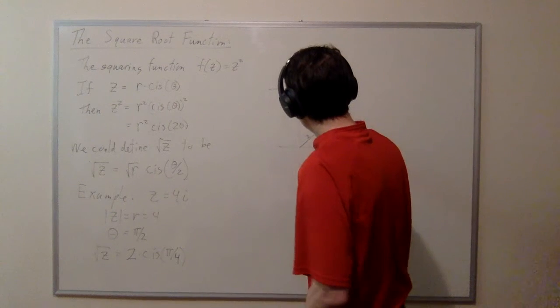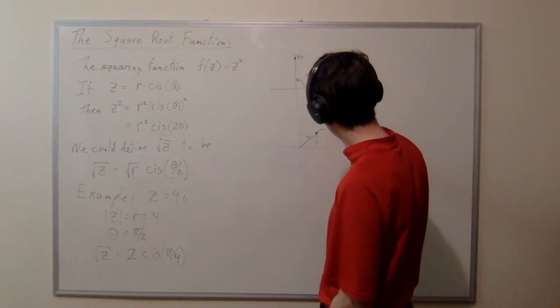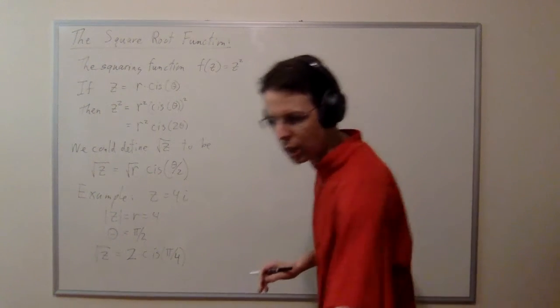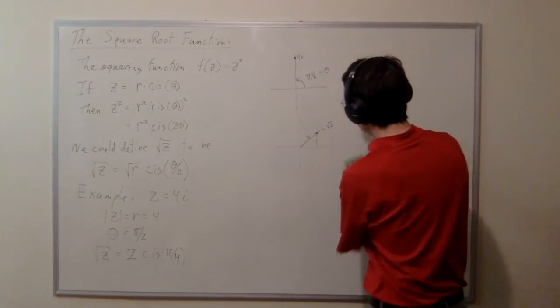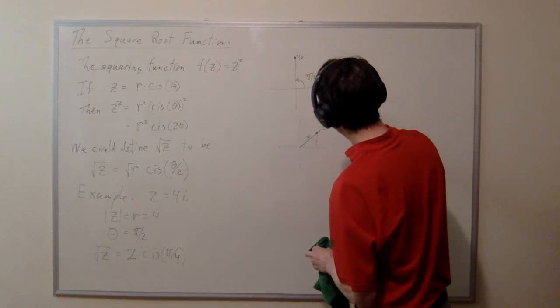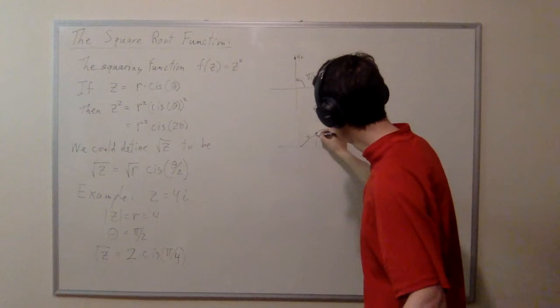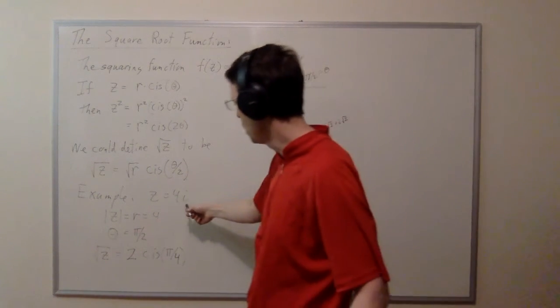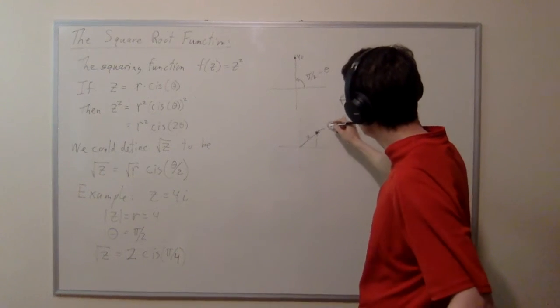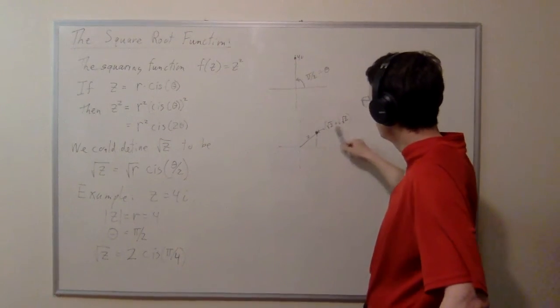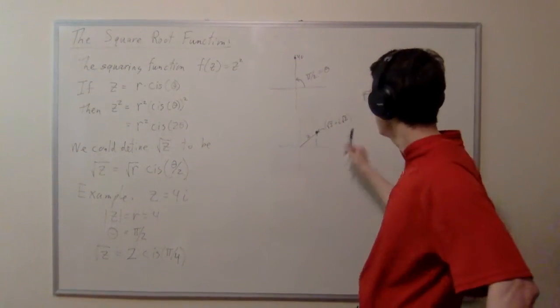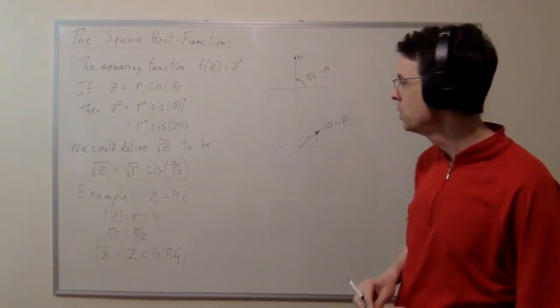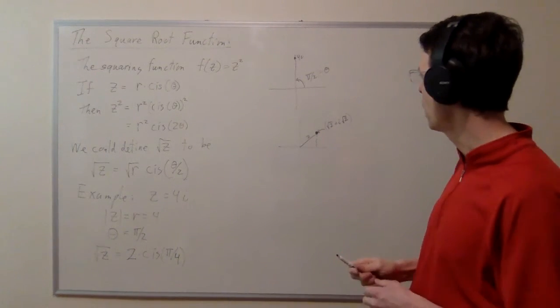And so this turns out to be the point root 2 plus i root 2 would be this point here. So that's going to be the square root of the point 4i. And what I'd encourage you to do is maybe pause the video, multiply this complex number by itself, and you can verify that you really do get 4i.